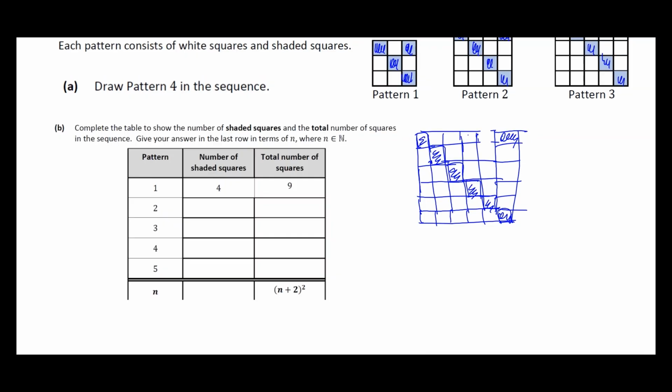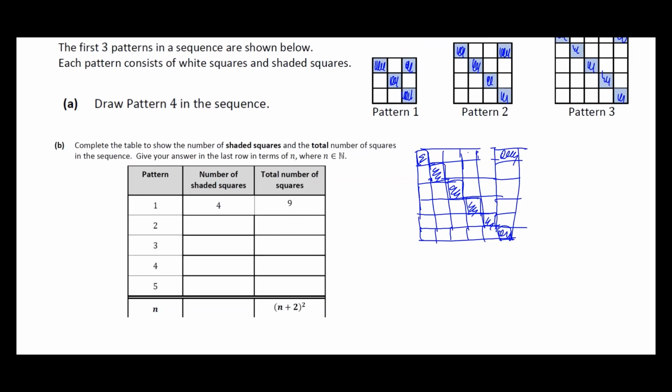Now, the next part. Complete the table to show the number of shaded squares and the total number of squares in the sequence. Give your answer in the last row in terms of n. We understand there is 3 and 1, therefore 4. Here I have 4 and 1, therefore 5.